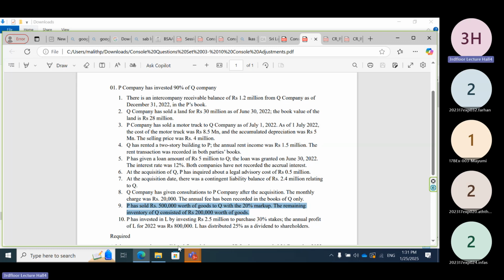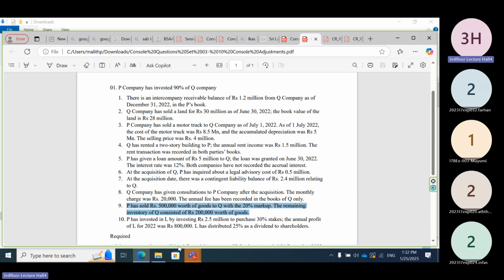So this question clearly says this includes 200,000 inventory. So we have sold 500,000 to Q, and 200,000 still remains as inventory. That is the question, we need to understand it clearly. P sold 500,000 worth of goods to Q at 20% markup, and the remaining inventory of Q consists of 200,000 worth of goods.